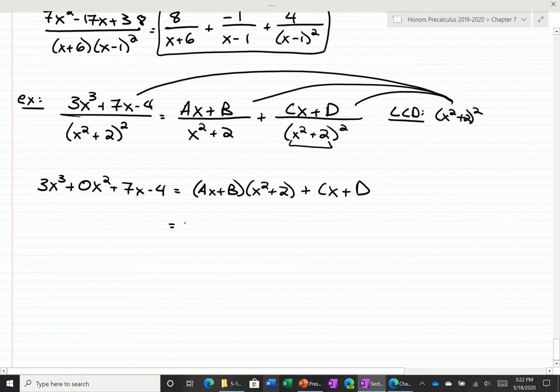So if we were to FOIL this out, we would have ax to the third plus 2ax plus bx squared plus 2b plus cx plus d.